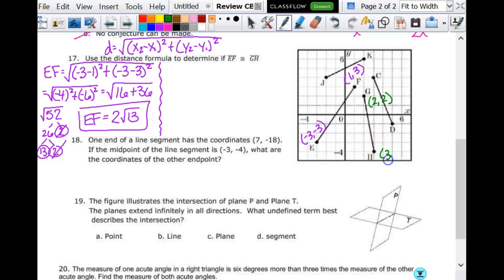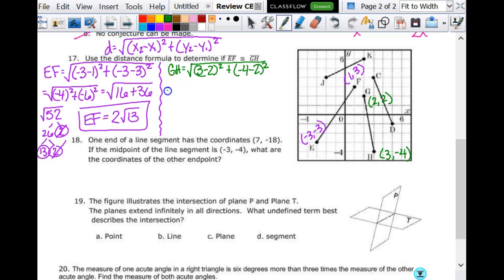So this is at 3, -4. So the length of GH is equal to, I'm going to make that, 3 minus 2 squared plus -4 minus 2 squared.